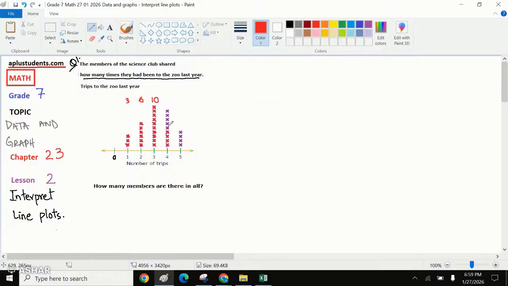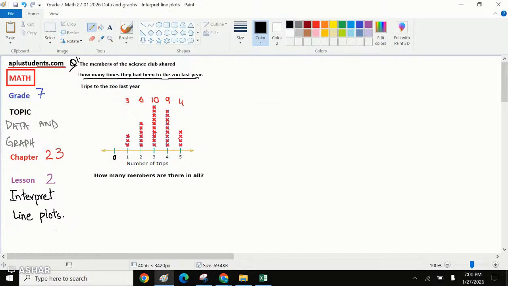We're just counting the X. 5, 6, 7, 8, and 9. And 5 trips were done by only 4. Okay. So the question says, how many members are there altogether? So what we need to do is count the number of trips each student made.